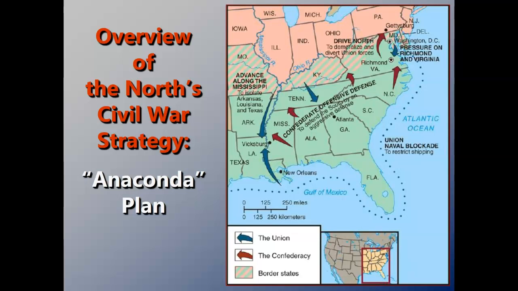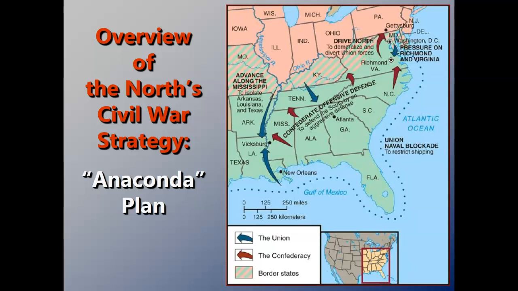Militarily, the early strategy was developed by the Mexican War hero and former candidate for president Winfield Scott. Winfield Scott will come up with the North's first Civil War strategy, and we call it the Anaconda Plan.